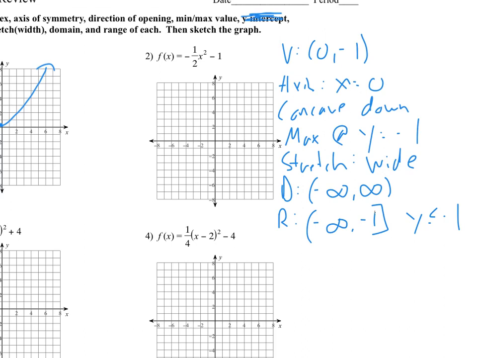So let me graph this one. I'll talk about range. So we're 0, -1. And we're wide, so make it look a little wider. Now, to do range in interval notation, you always start at your lowest value and work up. So I start down here. The lowest value we hit, since our parabola is going down, is negative infinity.